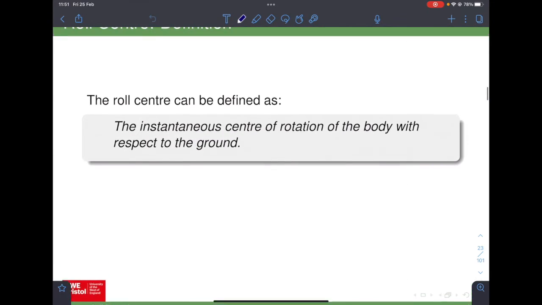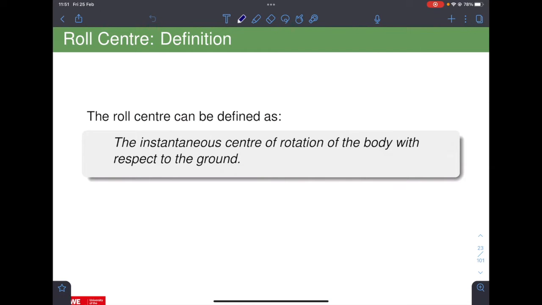Okay, so roll centre. The roll centre is the instantaneous centre of rotation of the body with respect to the ground. As the vehicle is travelling, the body will roll with respect to an axis, which is the roll centre, the line that connects the roll centre at the front and the roll centre at the rear.